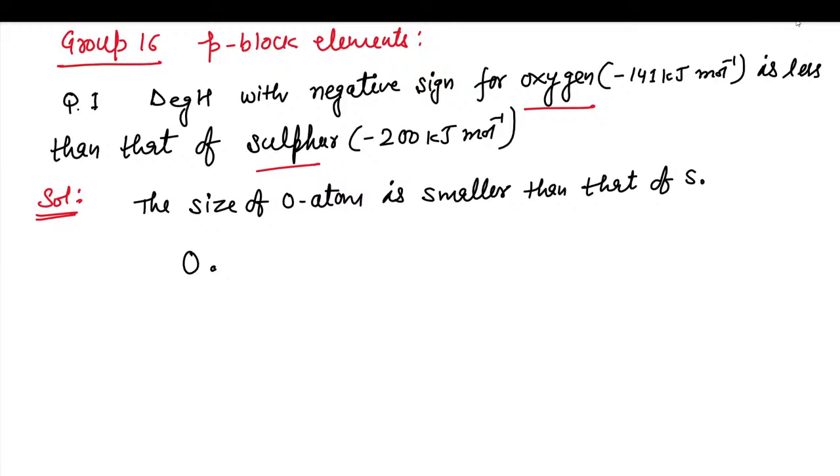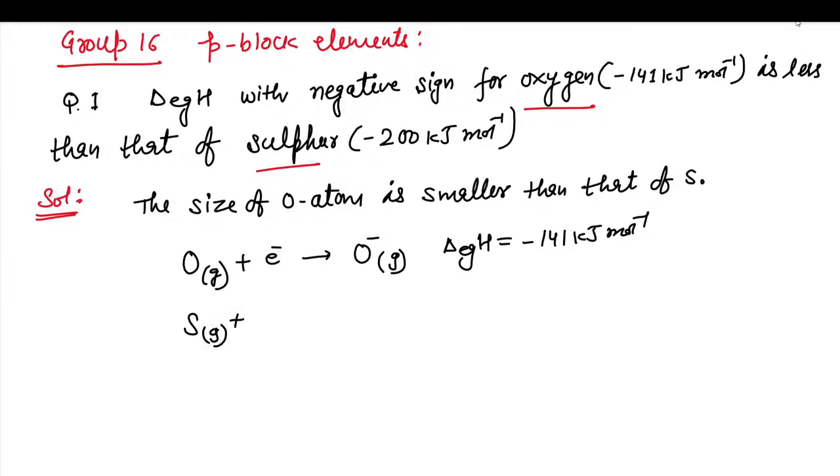See, for oxygen gas, when an electron is added, then O negative gas is formed. Electron gain enthalpy is only minus 141 kilojoule per mole, which is already given to you. And for sulfur, when the electron is added, electron gain enthalpy is minus 200 kilojoule per mole. The reason is simple, the small size of oxygen.